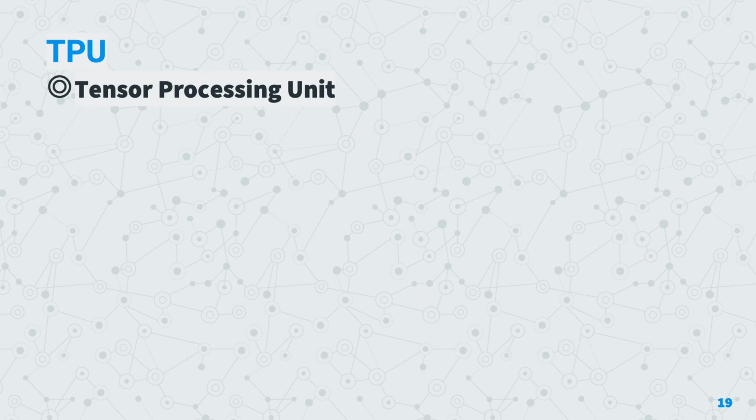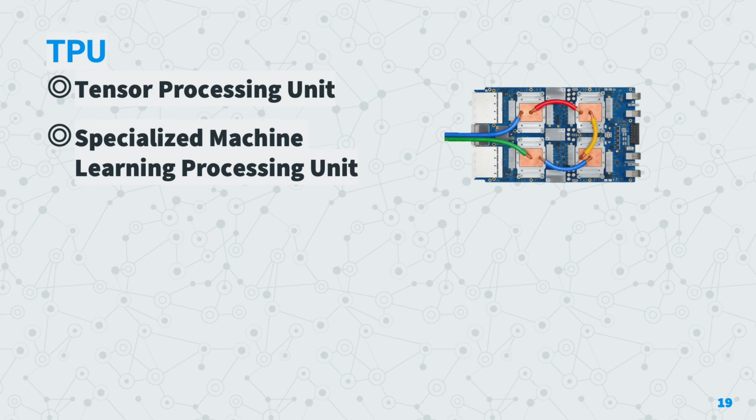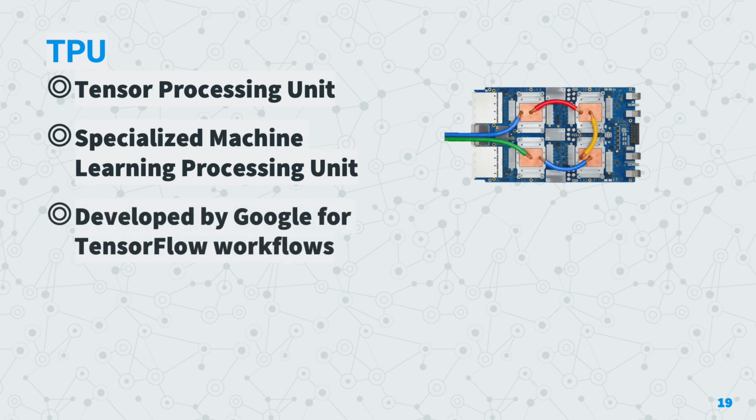An important aspect, and the last processing unit that we're going to talk about, is the TPU, Tensor Processing Unit, which was initially developed by Google. It's a specialized machine learning processing unit, and it was developed by Google for TensorFlow workflows.